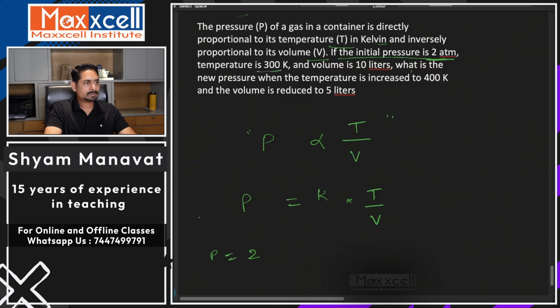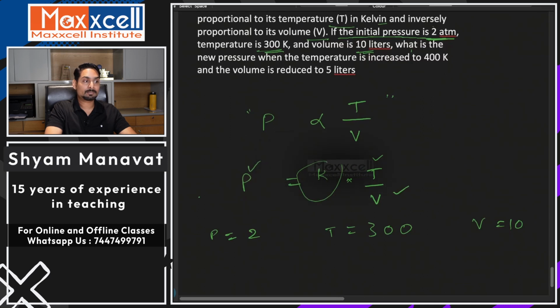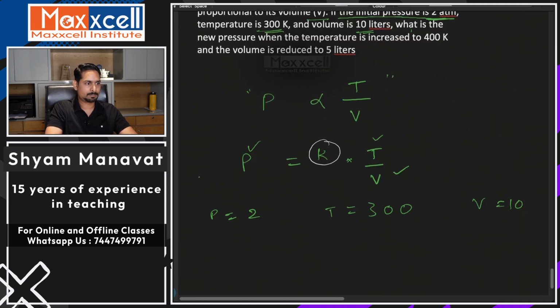For temperature 300, so T equal to 300 Kelvin, and volume is 10 liters. You see, all these variable values are given. Why do they do that? They do that so that you can find out the value of the proportional constant. You will always see this happening.